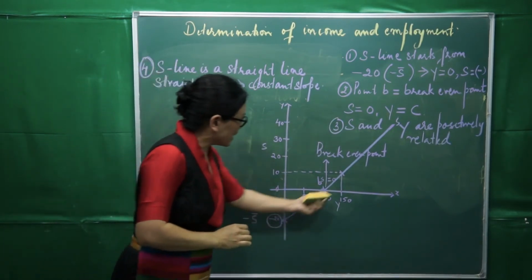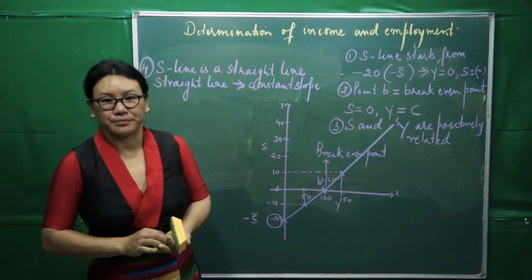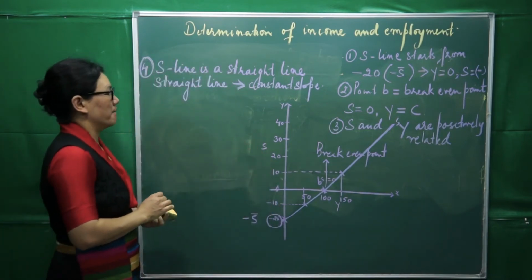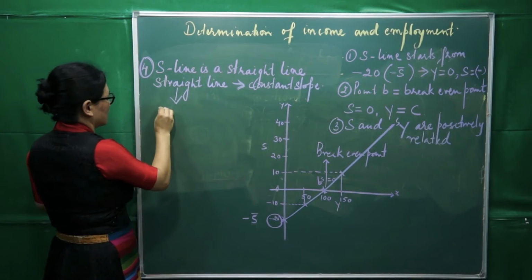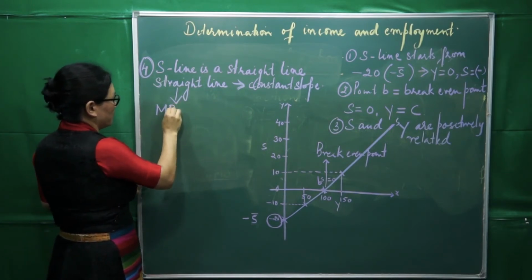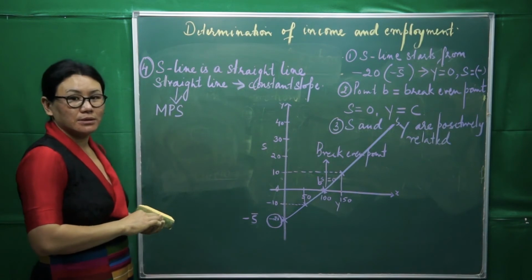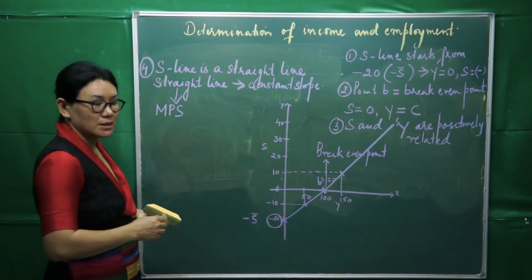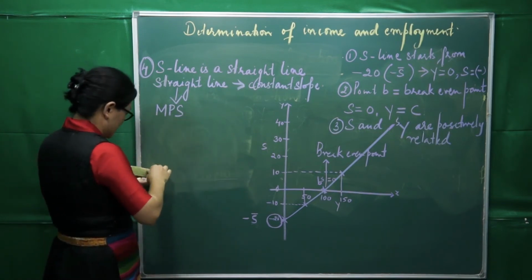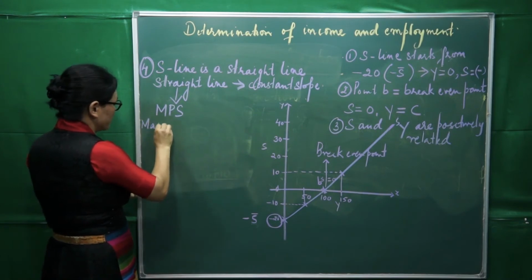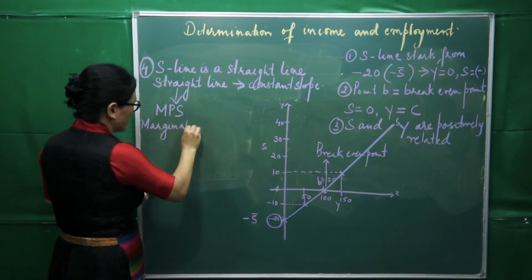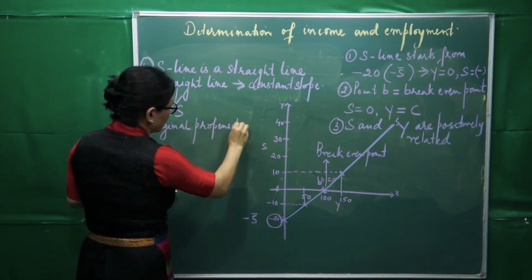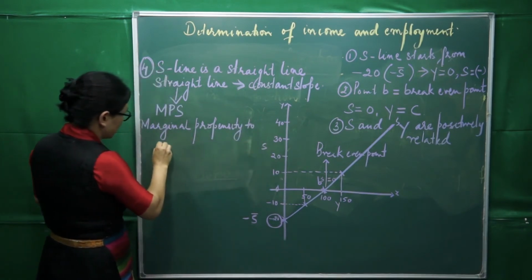Now this S line, which is a straight line, is indicated by this MPS. Alright, now what is this MPS? It is marginal propensity to save.